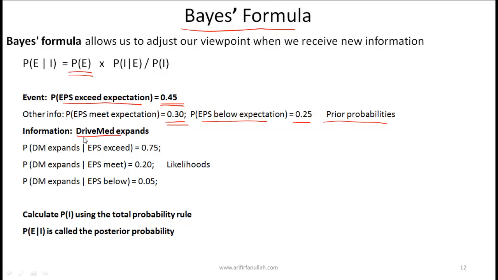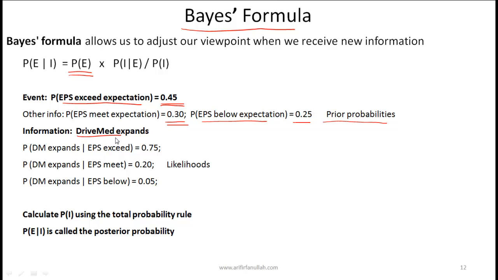Now you get some new information that the company has decided to expand. Based on this information you decide to update the probability of the event.